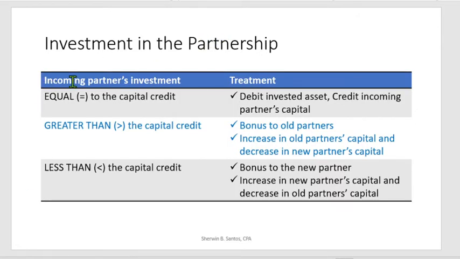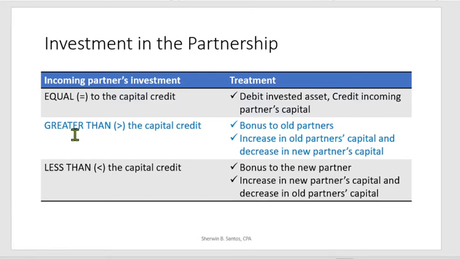For example, the incoming partner's investment is equal to its capital credit. What happened? You have to debit the invested asset, for example, cash or equipment, and then you credit the incoming partner's capital. So, walang problema if the incoming partner's investment, yung ibibigay niya, ay same sa kanyang capital credit.